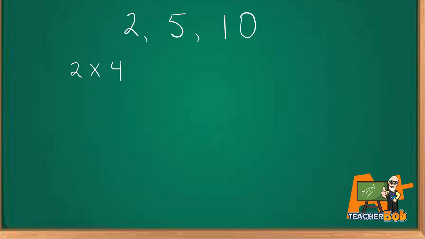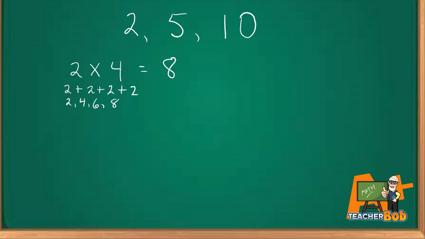Well, if we have 2 and we're multiplying by 4, we're simply skip counting by 2's 4 times. So this 2 times 4 is really 2 plus 2 plus 2 plus 2, isn't it? Which is 2, 4, 6, 8. So that's another way to look at this.